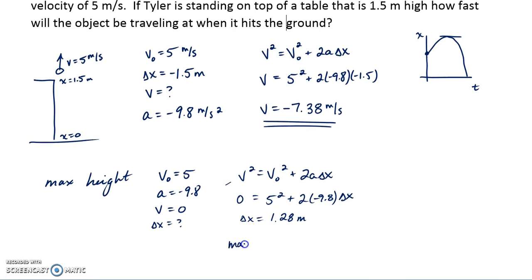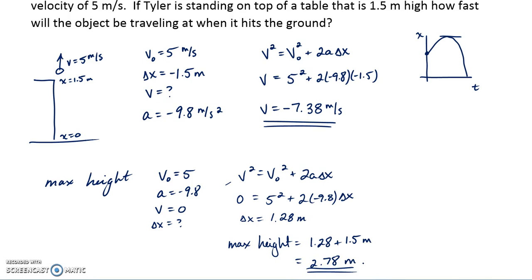So the max height is equal to my original displacement of 1.28 plus where the object was at 1.5 meters. So my max height is actually 2.78 meters above the ground.